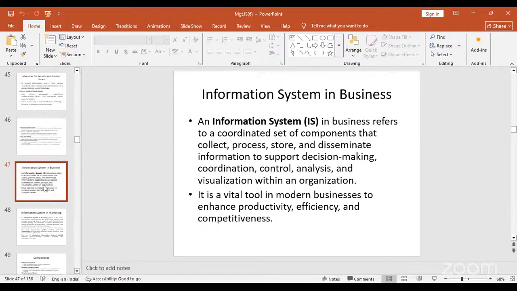So this is all about the security and control issues and measures of information systems.